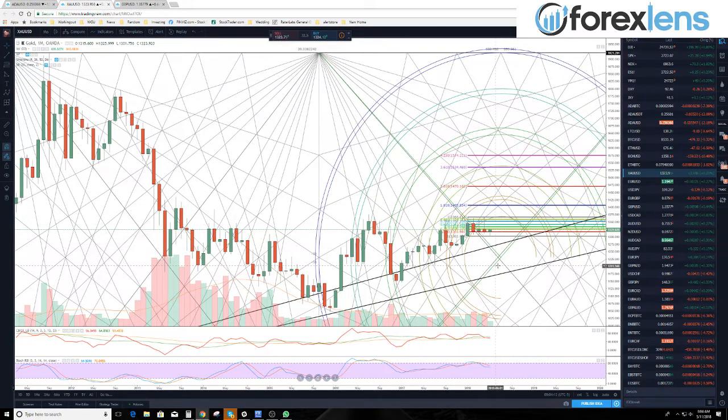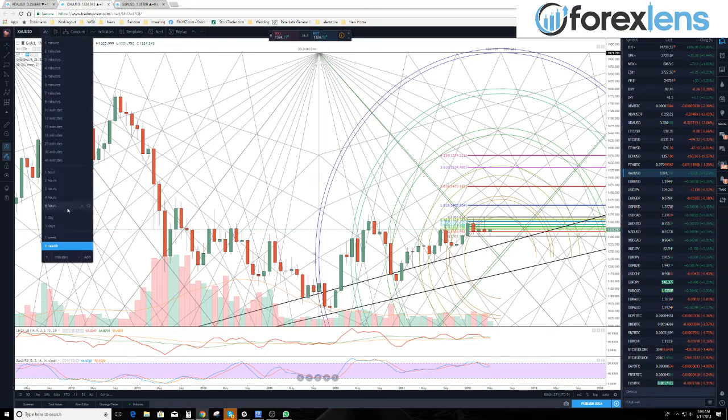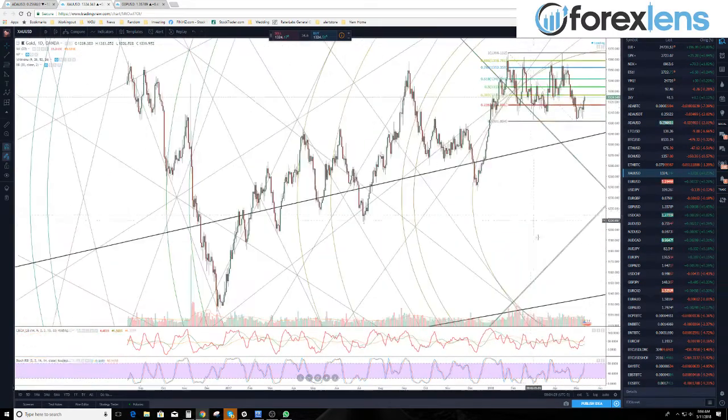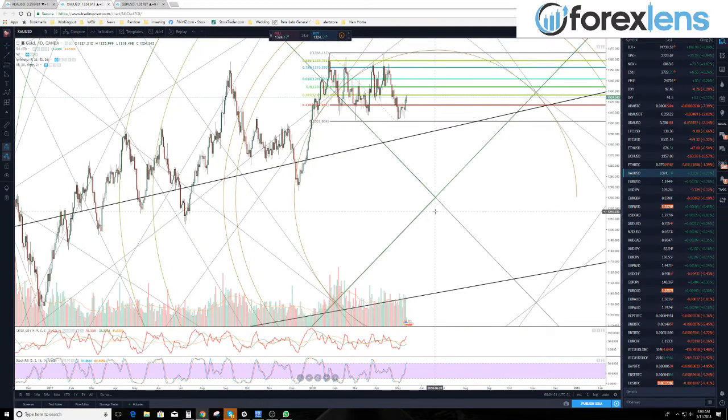And it's not a coincidence that there is a confluent zone of the 45-degree angles sitting here in June. Well, let's look at this on a daily. Mid-June is where there's a big confluent zone of those angles. So be aware of that.